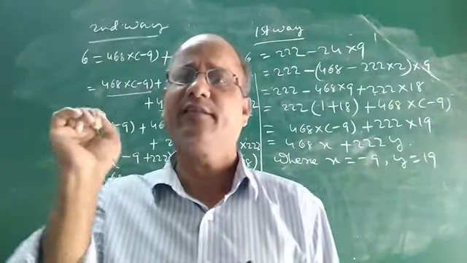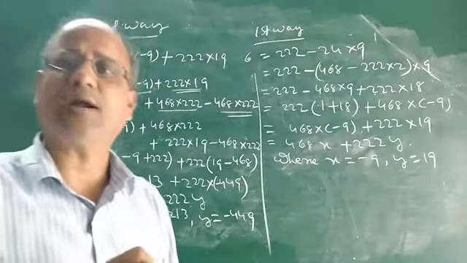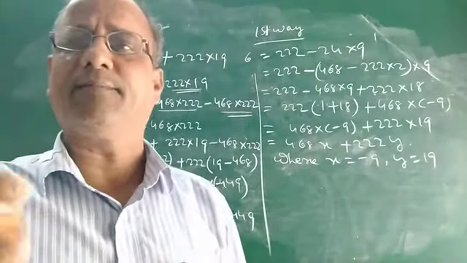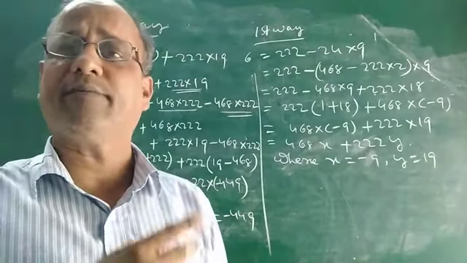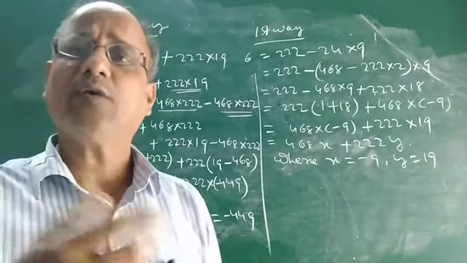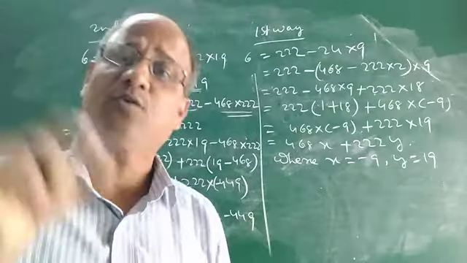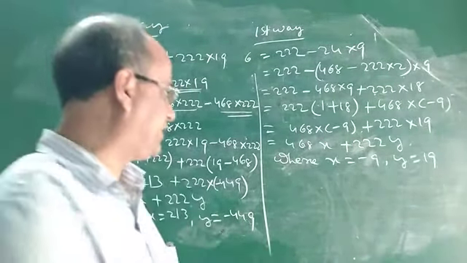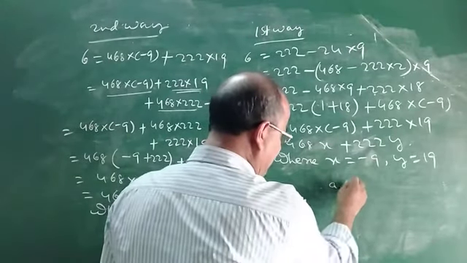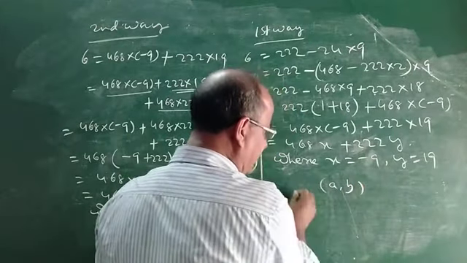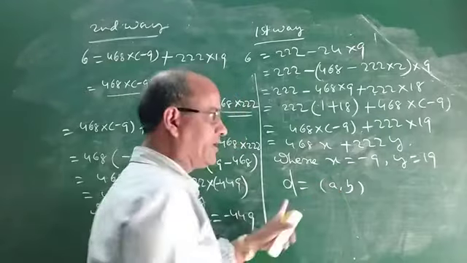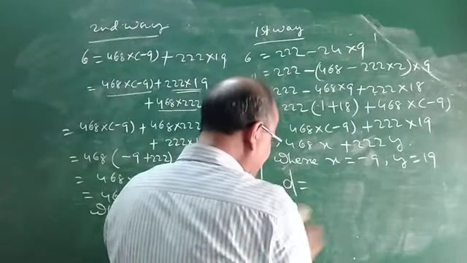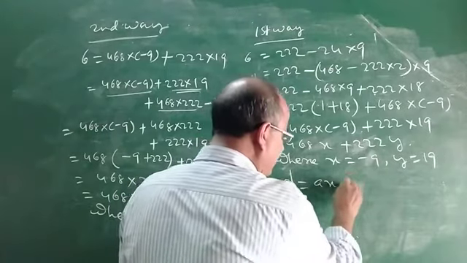So children, this is a very important thing which you should understand. How to find the HCF is very simple. After finding the HCF of any two given positive integers, how to express it as a linear combination of the two positive integers? If A and B are two positive integers and D is the HCF of A and B, then how to express D in the form of AX plus BY?